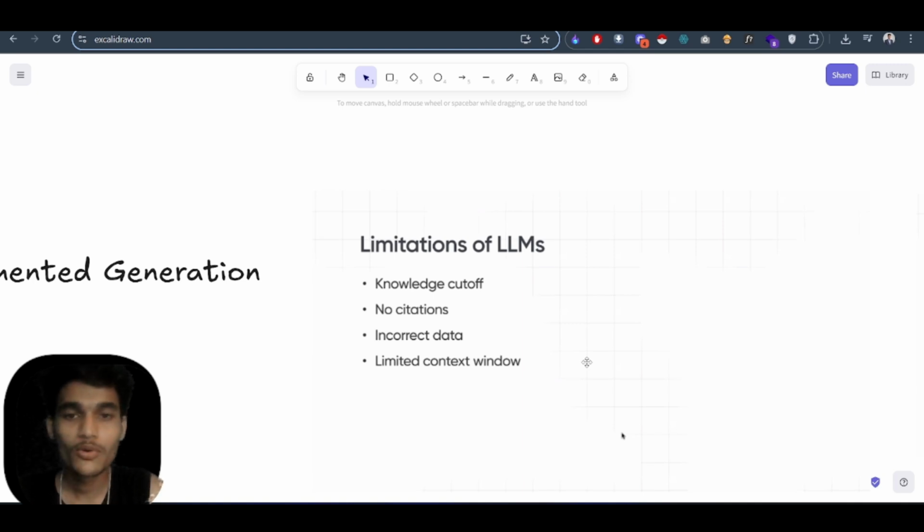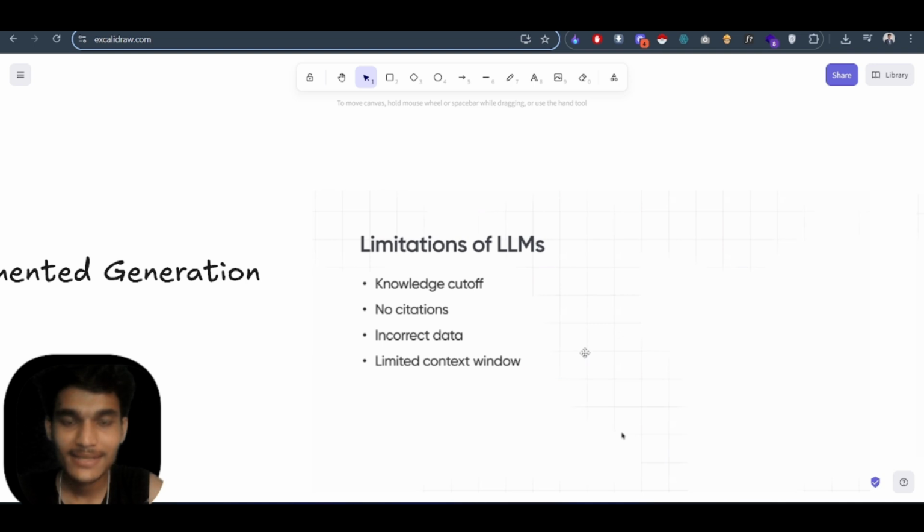We cannot upload an 800-page or 100-page PDF for it to understand. The LLM cannot read a whole book at once, and it cannot remember the whole book.